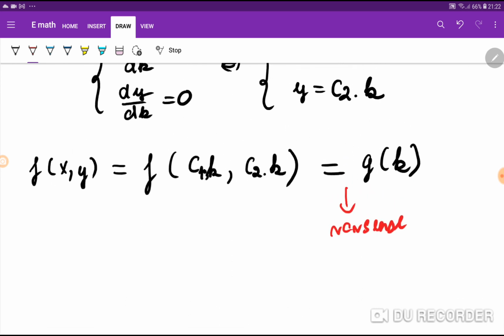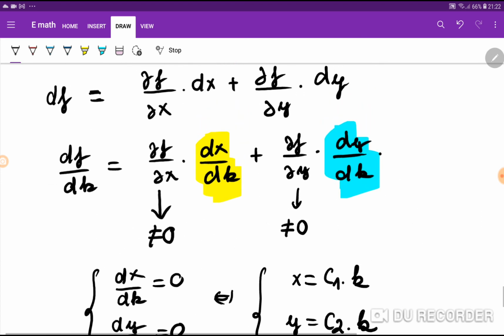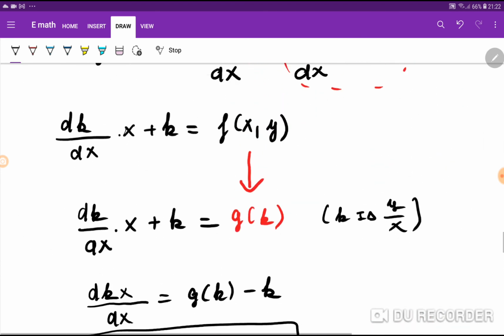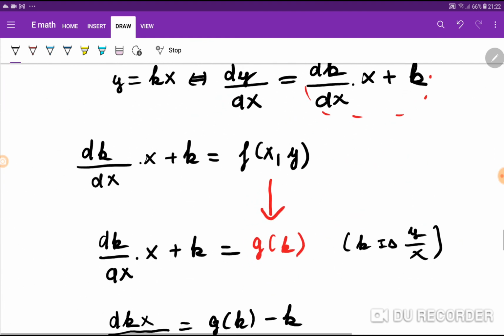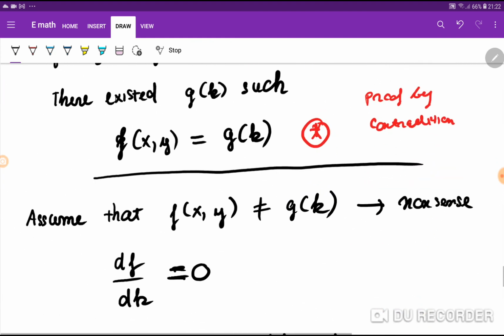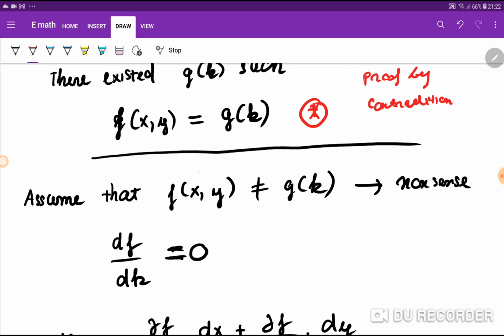Impossible. No way. So we led to something nonsensical, a contradiction, a conflict. So it means that our original statement is wrong.